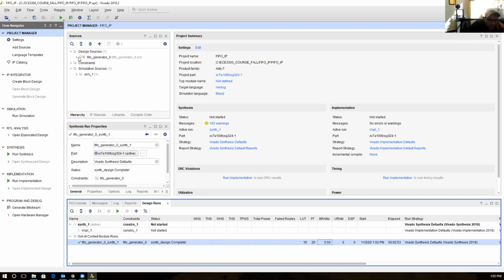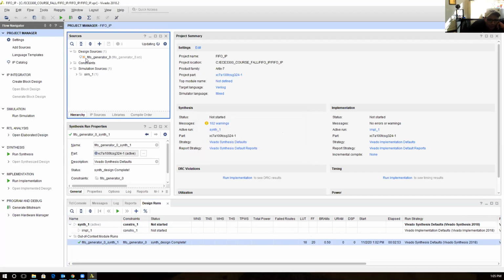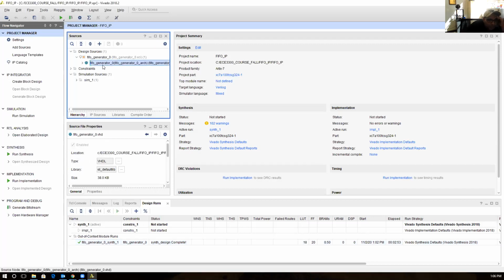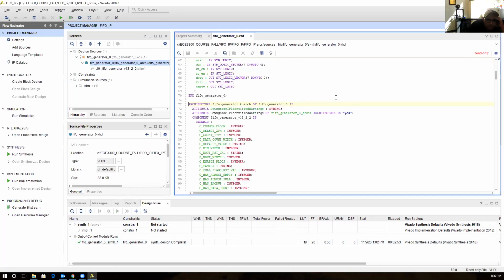But anyway, look, here is a file that you can instantiate. It's called FIFO Generator. Everybody can see it? Hello? Yes, Professor.